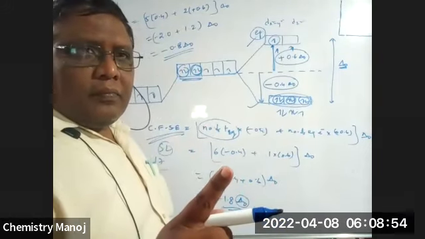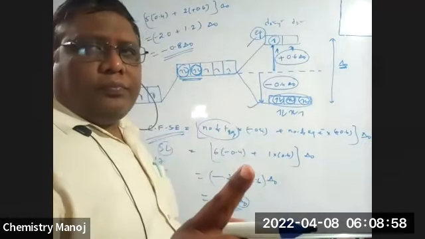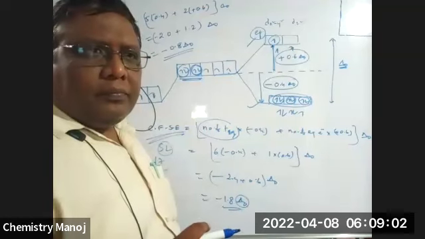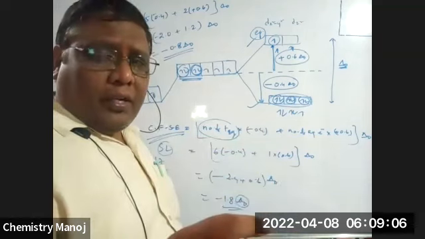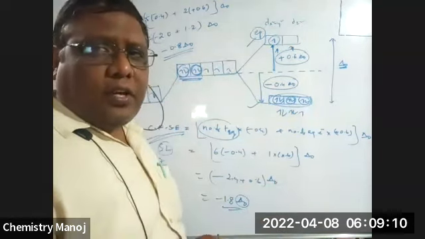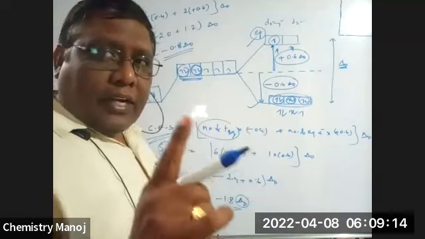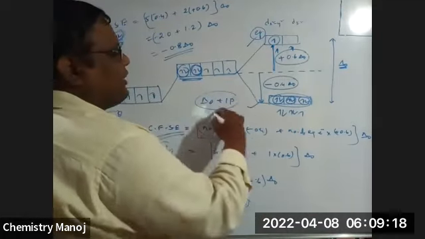Only one pair, due to the strength of the ligand. How many extra pairs of electrons are there due to strong ligand? One. That is why in this case delta naught plus one pairing energy is used.